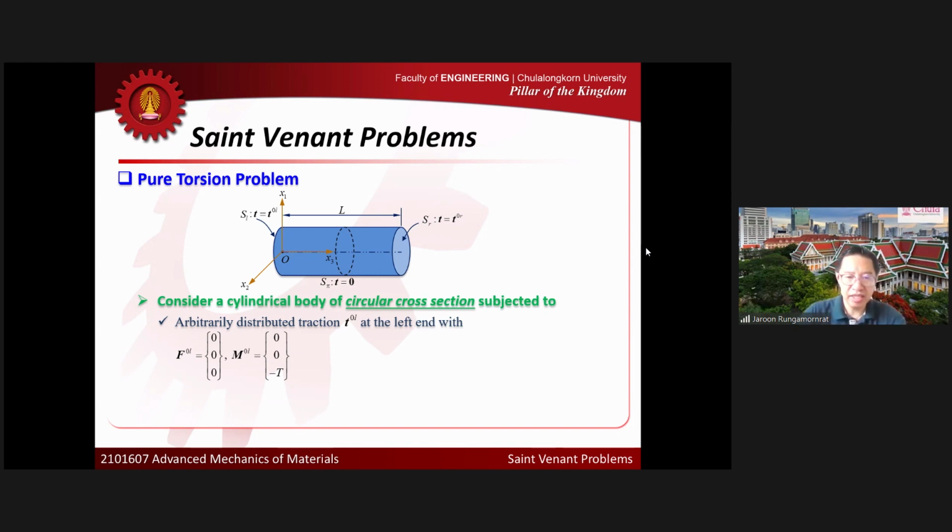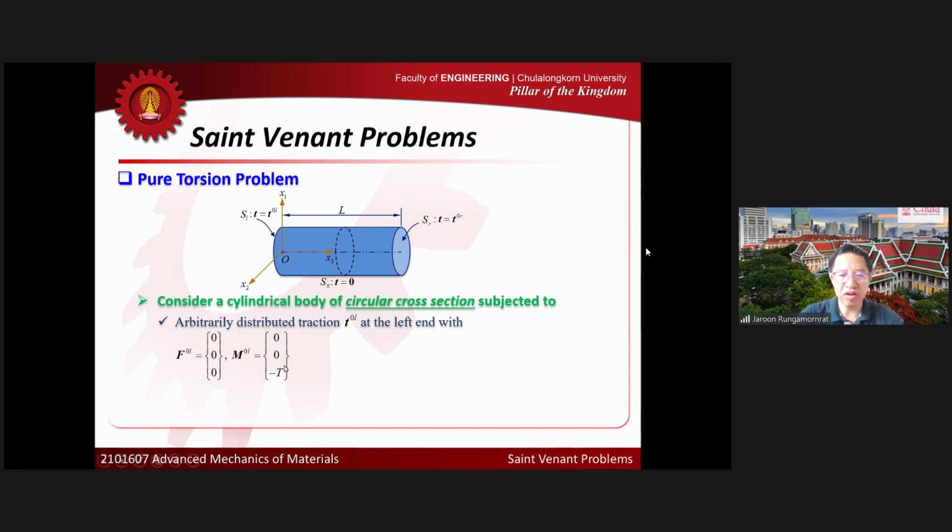But if you look at the net moments, we have one component that is non-zero, so we call it M0L3, the third component, or the component directed along the x3 axis. That moment generates a twist to the body that we consider here.